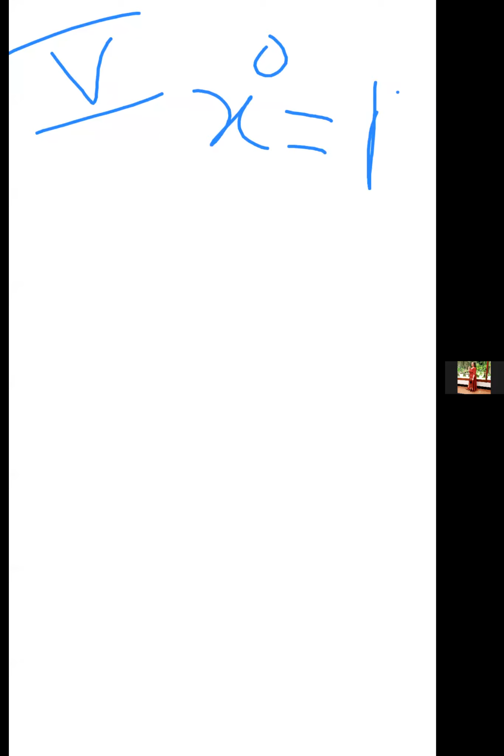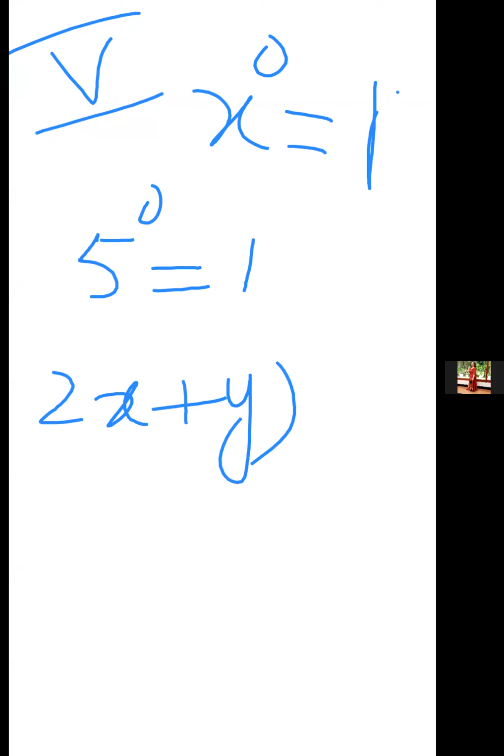Or if I write 5 raised to power 0, answer is 1. If I write 2x plus y whole raised to power 0, answer is 1. Okay. Anything raised to power 0, answer is 1. Is it clear? It's a law, beta. It's a law.